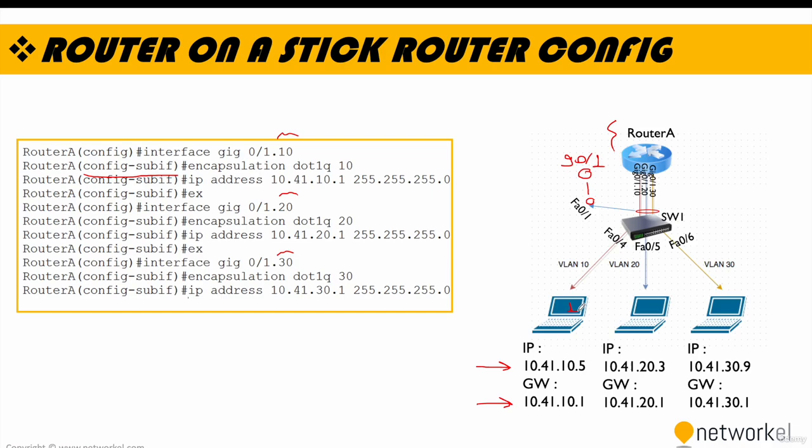Whatever I configure as the gateway for this PC in VLAN 10, I am assigning the same IP address as the sub-interface IP address of Router A's gig 0/1.10. The same applies for the second and the third. Those are the gateway IP addresses that I am defining for my PCs. That is pretty much it.